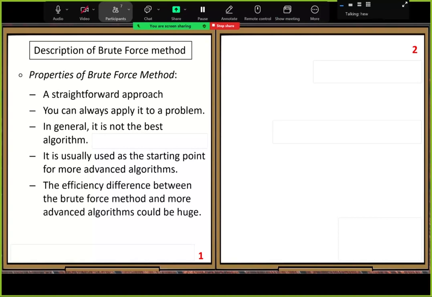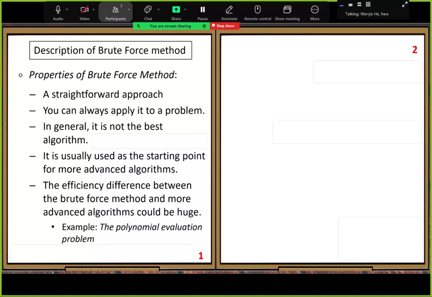The efficiency difference between the brute force method and the more advanced algorithm could be huge. Later we want to find a much more efficient algorithm, because we know the difference of efficiencies could be huge. The example is this polynomial evaluation problem. What is the difference of the efficiency function?